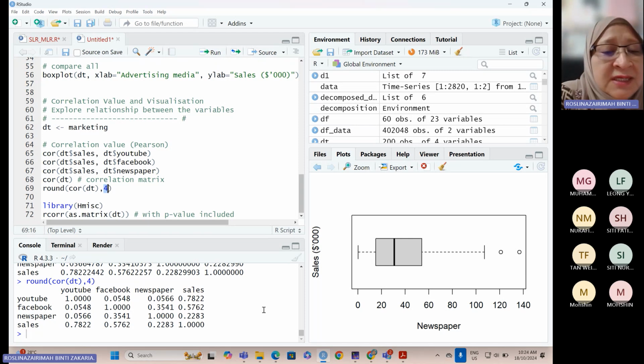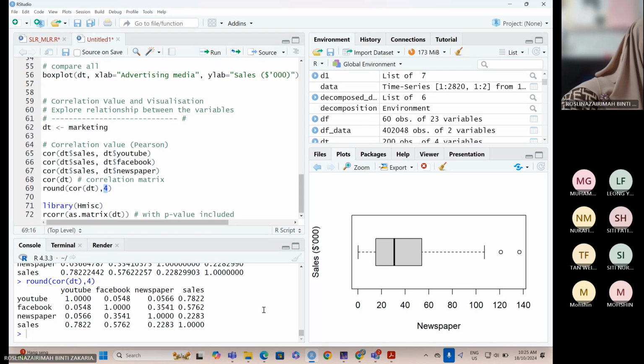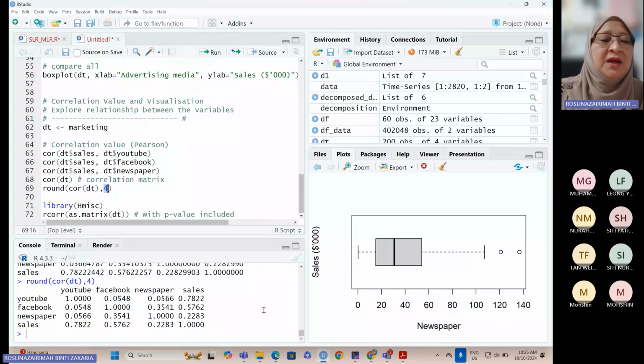Which variable has the highest correlation? Siti Fatimah? Hanif? Don't know, Doctor. No. We look at the one that is closest to 1.